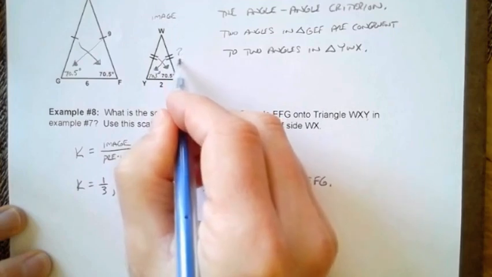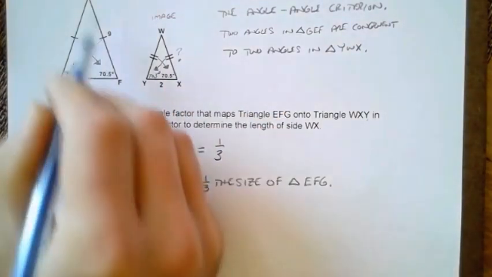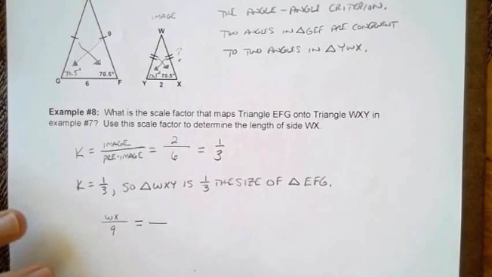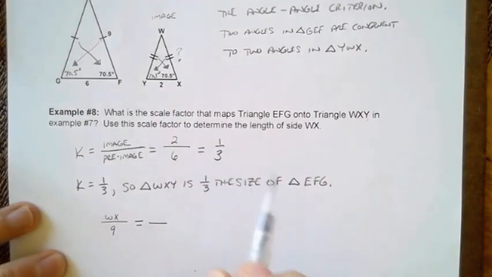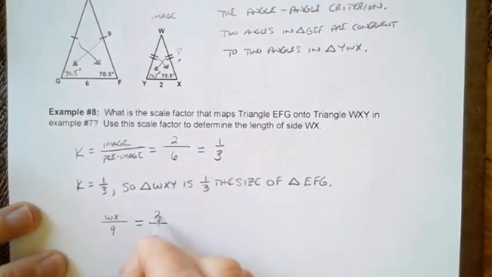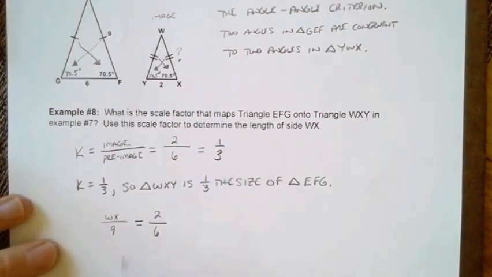WX corresponds to EF, which is 9, and that has to be equal to another ratio of corresponding sides. In this case, we can again use 2 over 6, 2 on the image to 6 on the pre-image, and we said before that 2 over 6 simplifies down to 1/3. So we could say that WX over 9 equals 1/3.